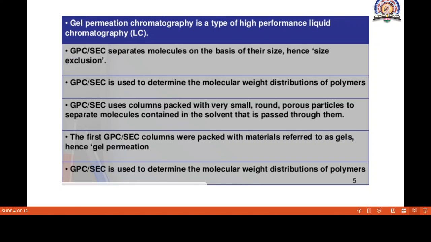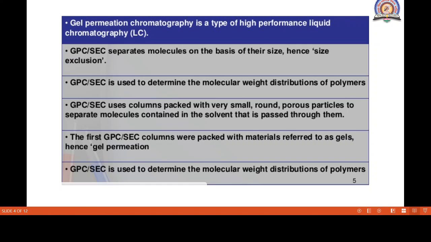This GPC is used to determine the molecular weight distributions of a polymer. This GPC uses columns packed with very small, round, porous particles to separate the molecules contained in the solvent that is passed through them. The first GPC columns were packed with the material referred to as gels.